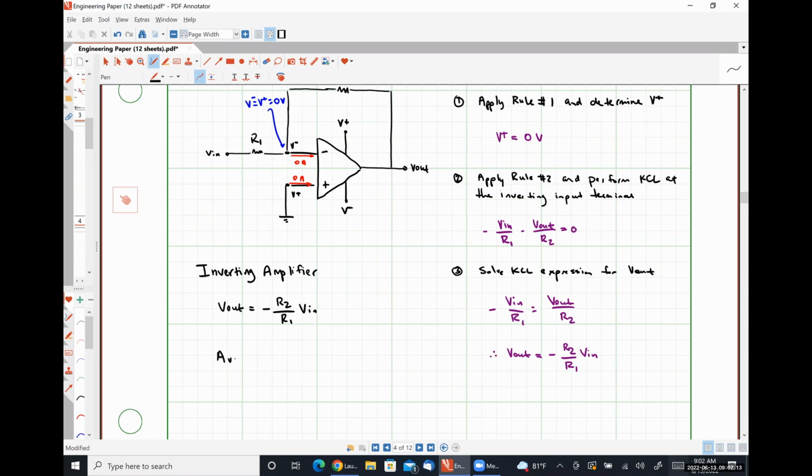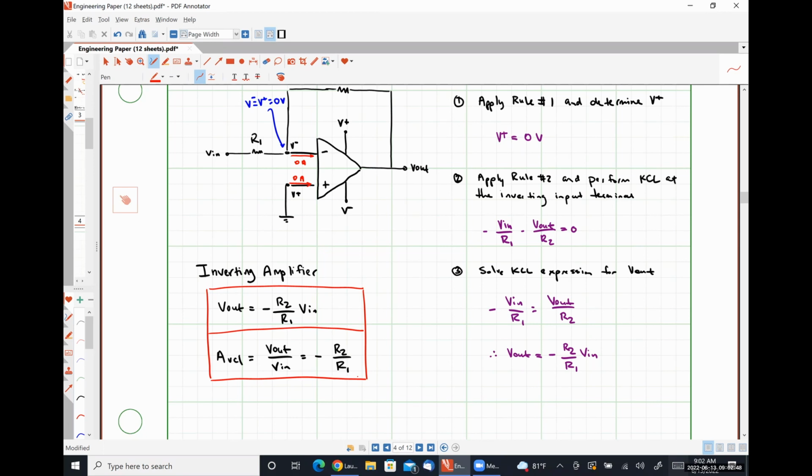And from this, we have a closed loop voltage gain, AVCL, defined to be V out over V in of simply negative R2 over R1. These boxes. These are the important parameters that I expect you to be able to effectively recite or regurgitate to me for your exam and all that kind of good stuff.